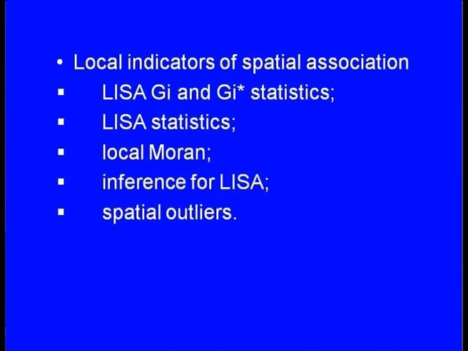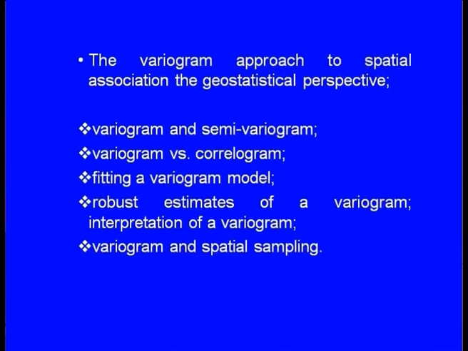Local indicators of spatial association could be LISA, Gi and Gi star statistics, LISA statistics, local Moran, inference to LISA and spatial outliers. The variogram approach to spatial association in a geostatistical perspective could be variogram and semi-variogram, variogram versus correlogram, fitting a variogram model, robust estimates of a variogram, interpretation of a variogram, variogram and spatial sampling.